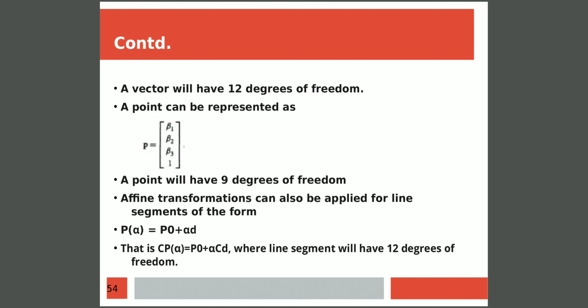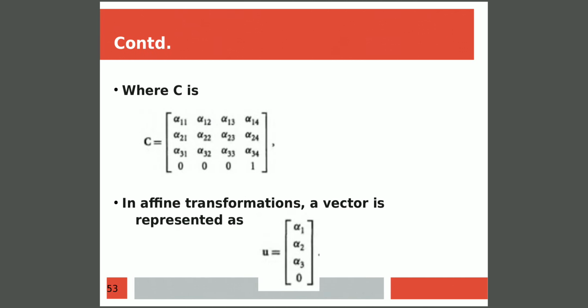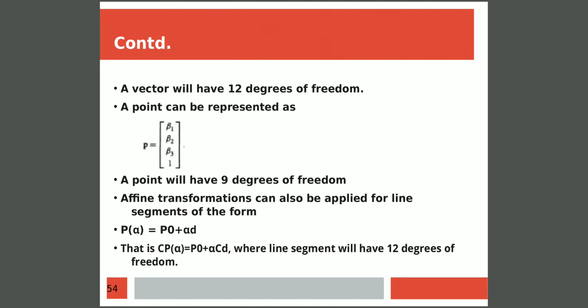Even when we perform a transformation operation on a line segment by using a matrix C, all the 12 scalar values of this matrix C will get changed. So we'll say even a line segment will have 12 degrees of freedom with respect to an affine transformation. This is regarding affine transformations of points, vertices and line segments.